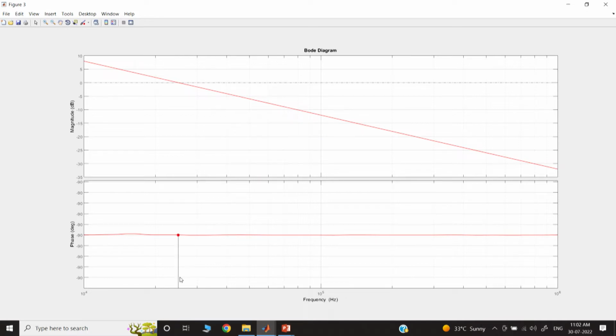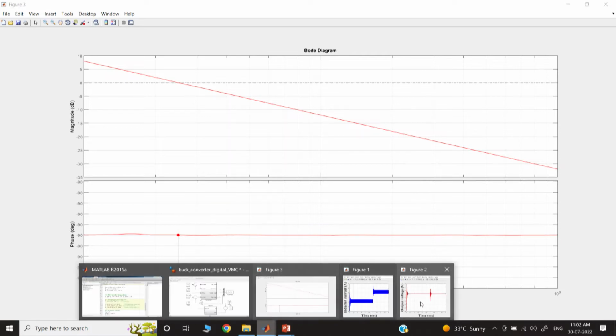We are operating at 500 kHz switching frequency, and the crossover frequency is 25 kilohertz, which is 1/20th of the switching frequency. The phase is 90 degrees, so the phase margin is 90 degrees.